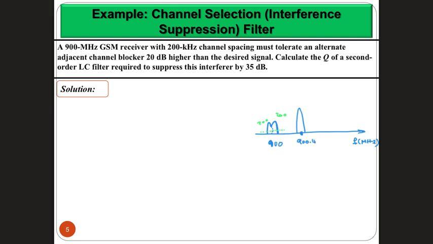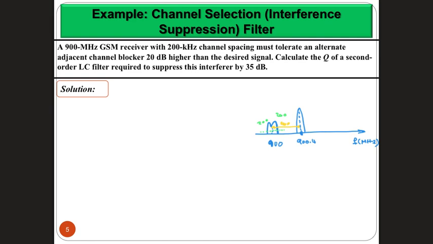That's a 400 kilohertz separation between those two. So the distance between this and this center is 400 kilohertz, right? So this is 400, or 0.4 because we are measuring in megahertz, okay? So that's our next interferer.